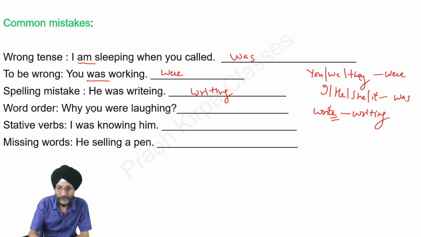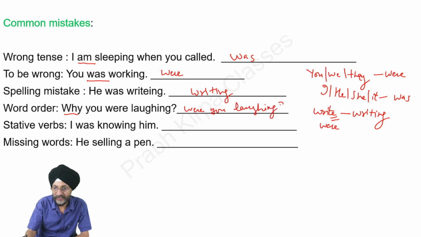"Why you were laughing?" Here you will see that it is an interrogative sentence. So the WH form of the question has to be followed by "were." "Why were you laughing?" Please note to mention the interrogation mark at the last of the sentence.